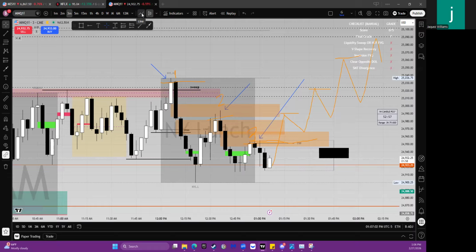You have one high, then the next high gets higher, then the next high gets higher. So what you're saying is there's nothing showing us right now that it's going to change. Right, nothing showing us that we have a chance of going up, unless we close above this point here, because currently all of the highs are just getting lower. So what we will be expecting is for the market to just continue going down.